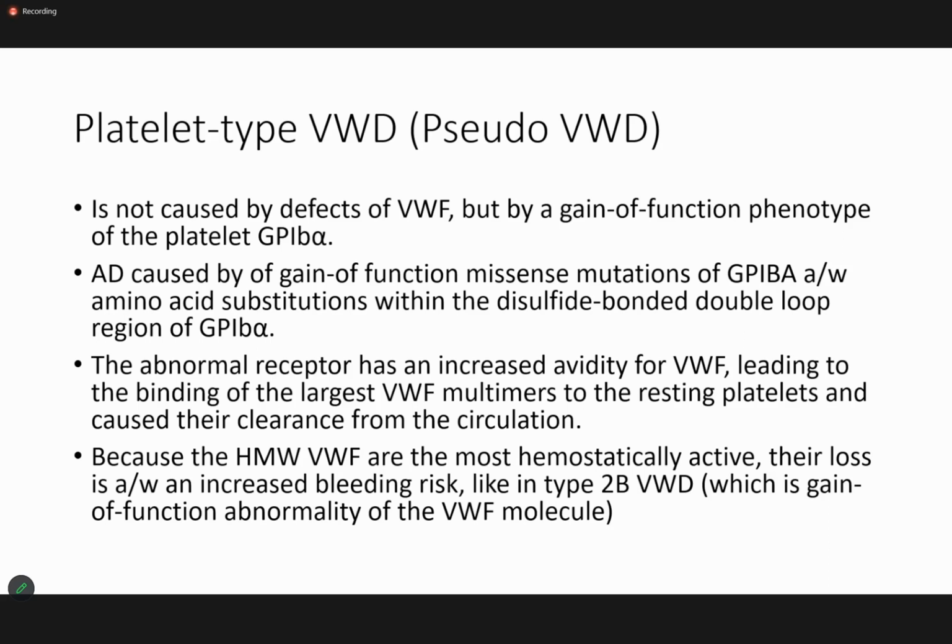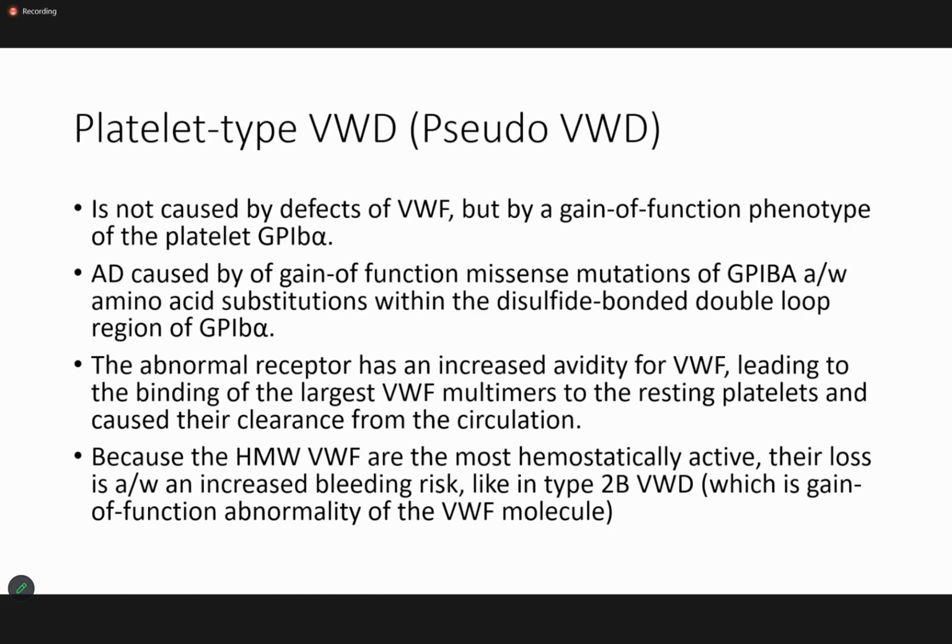Okay. The abnormal receptor of this glycoprotein has an increased avidity for von Willebrand factor, leading to the binding of the largest von Willebrand factor multimers and causing their clearance from the circulation. And as we all know, high molecular weight von Willebrand factor multimers are the most hemostatically active.